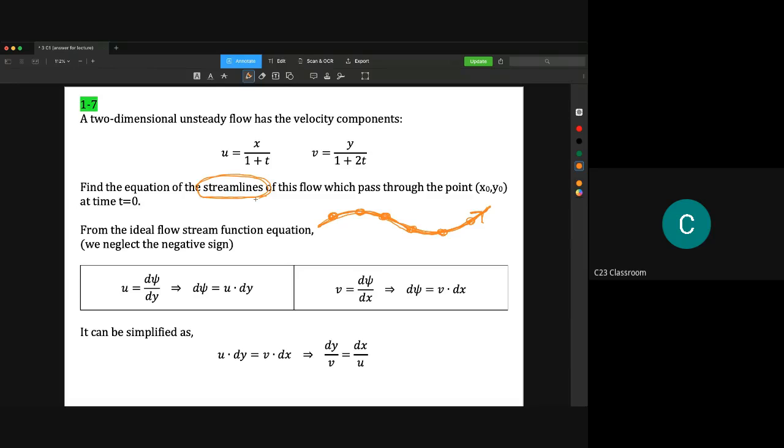That's why in this question, they give you the equation for velocity, in the x direction and also in the y direction, because we assume, for example, a flow in a pipe, where the molecules flow along this axis and also this axis. So in this question they just give you the velocity equations, and our idea is to create the stream function.